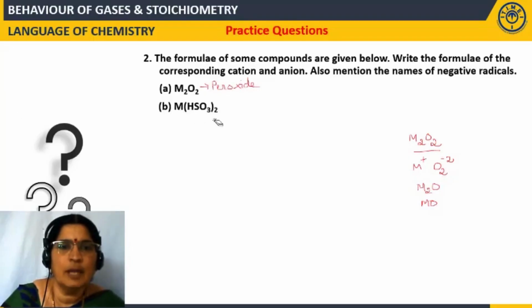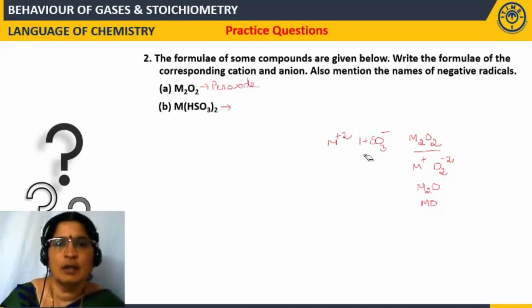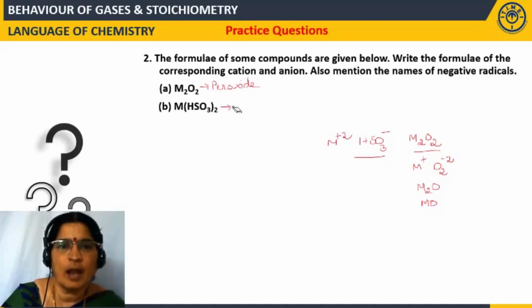Now, M(HSO3) taken twice. So, here you can easily write this 2 goes here. Therefore, it will give you M plus 2. Okay. HSO3 minus. This is a monovalent radical. So, what is the name of this?